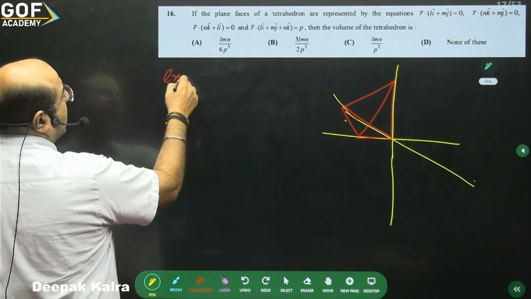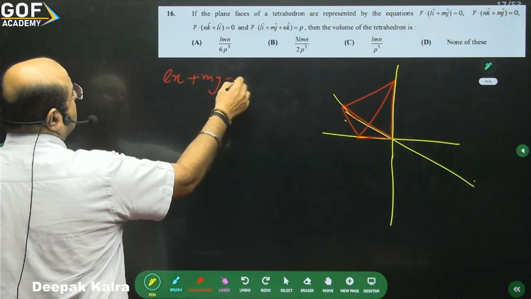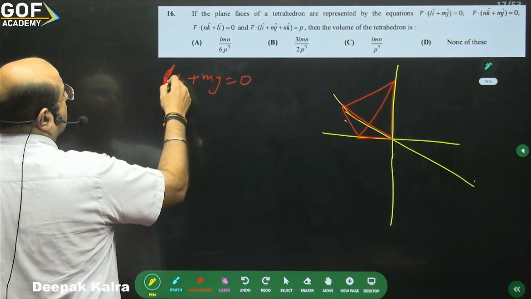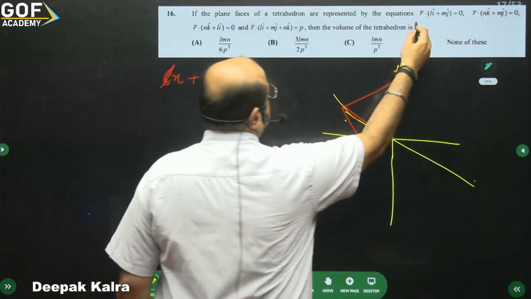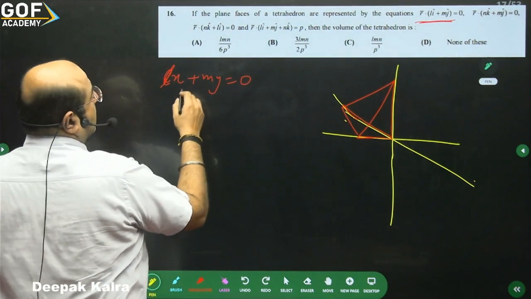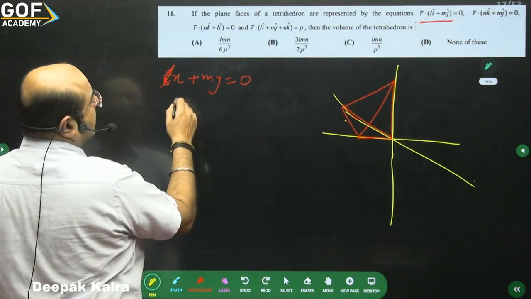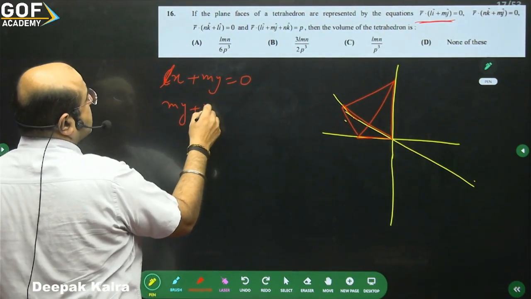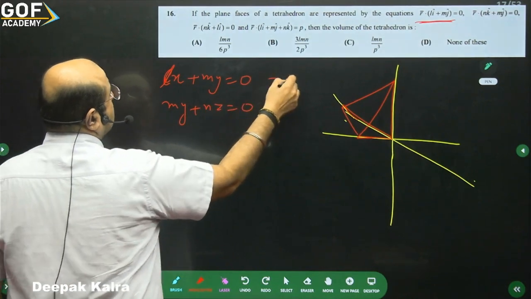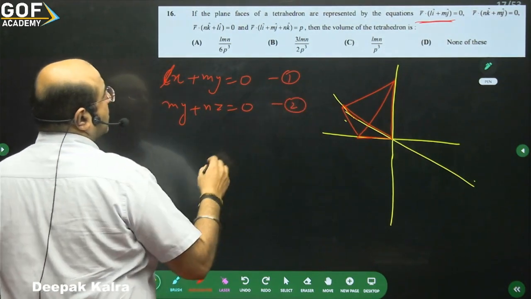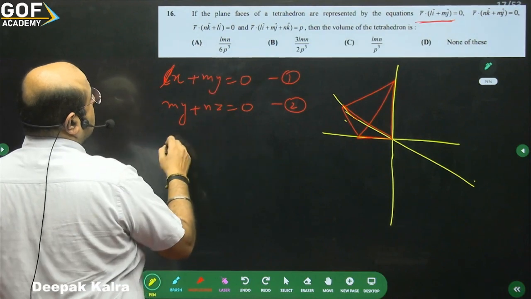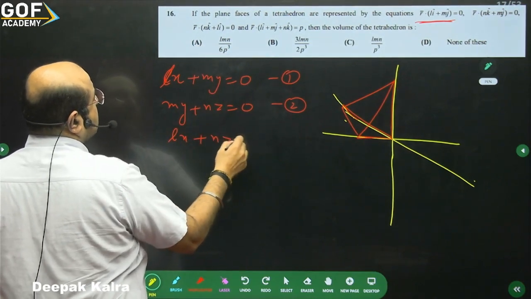My equations are Lx plus My equals 0, first equation. Then you have My plus Nz equals 0, second equation. Third equation is Lx plus Nz equal to 0.